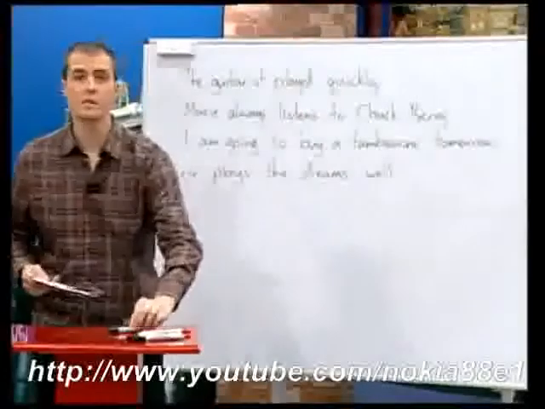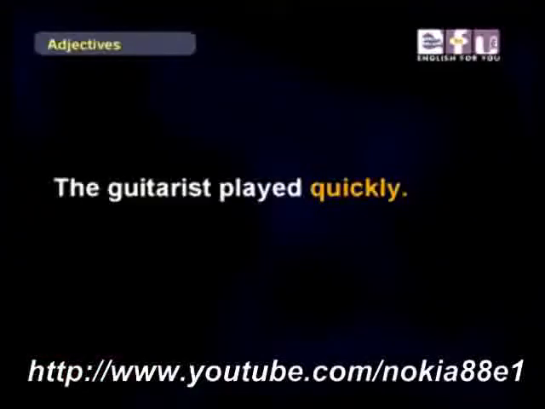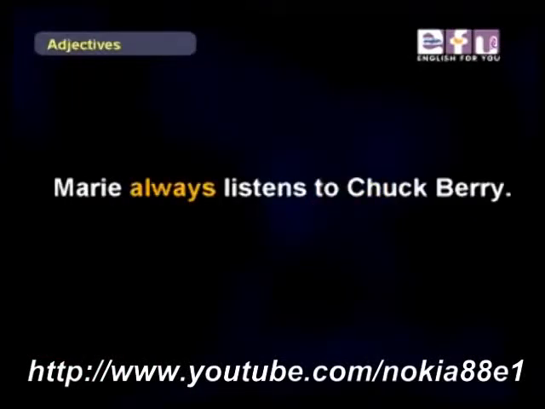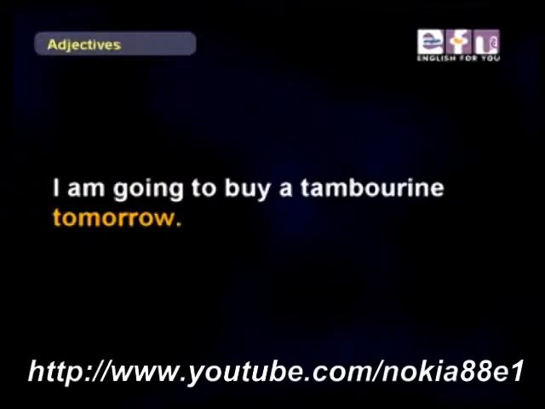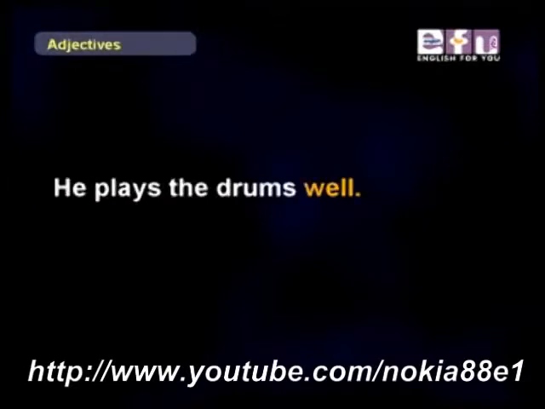In the first sentence, quickly is the adverb. In the second sentence, always is the adverb. In the third sentence, tomorrow is the adverb. And in the fourth sentence, well is the adverb.